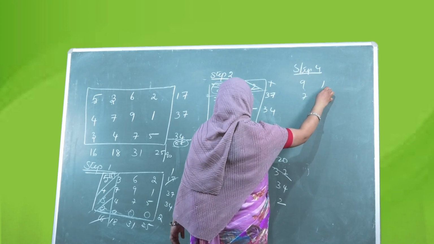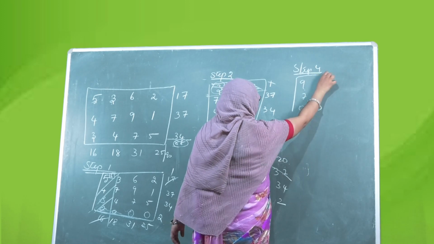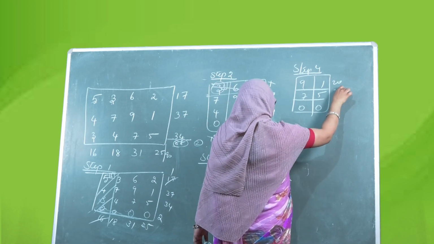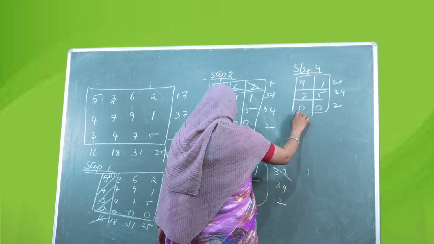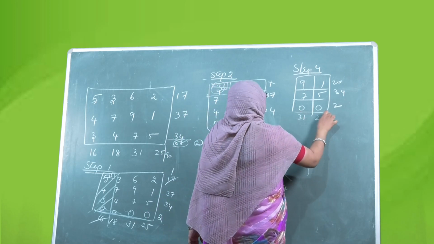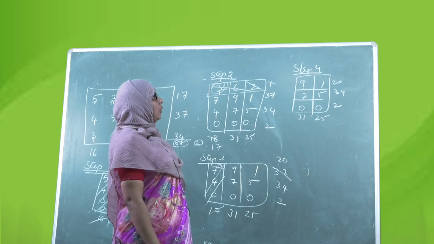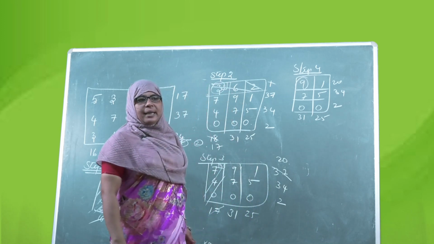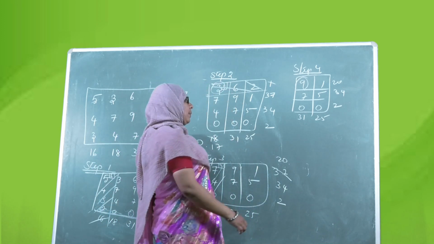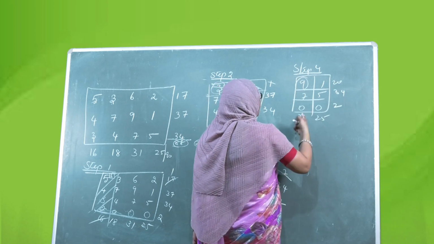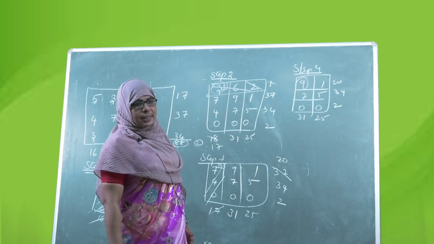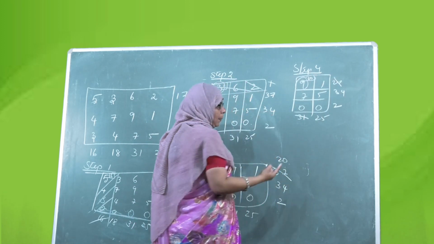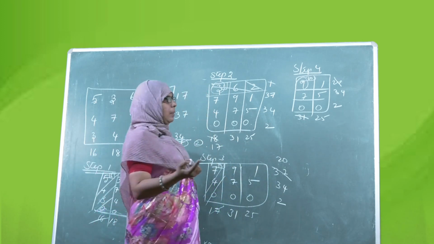9, 1, 7, 5, 0, 0. 20, 34, 2, and 31, 25. What is the northwest element? 9 is the northwest element. What is the minimum element of 20 and 31? The minimum element is 20. So you have to allocate 20 and obviously subtract the minimum from the maximum.